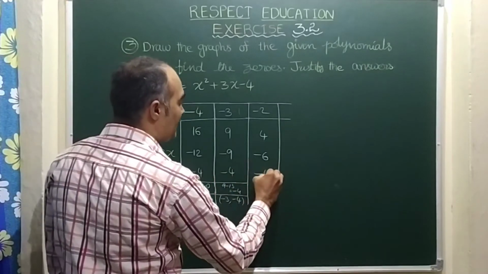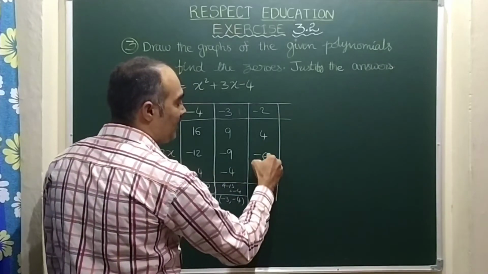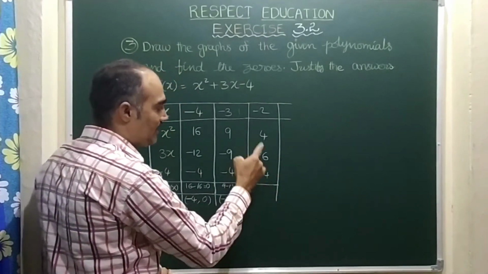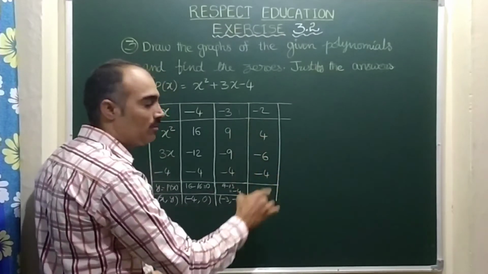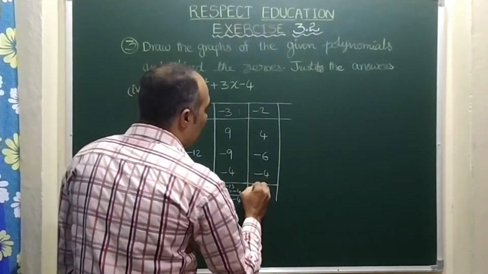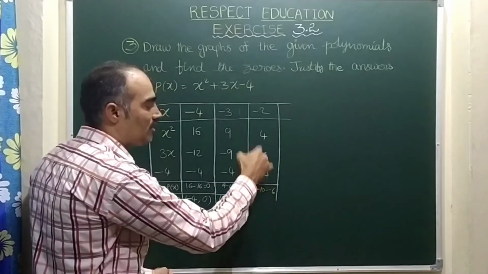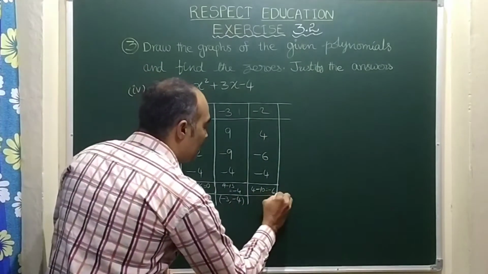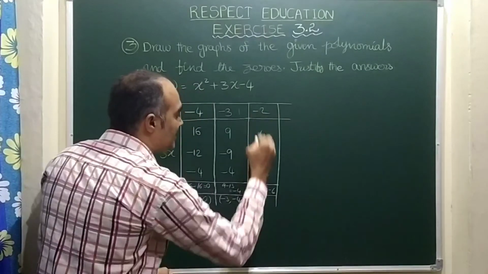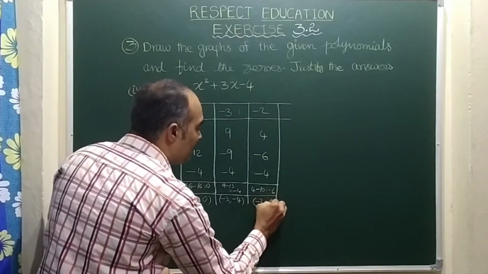Minus 4 constant as it is. This is 4 minus 6 minus 4 is minus 10, or else you cancel 4 and minus 4, no problem. So it is finally 4 minus 10 is minus 6. If you cancel plus 4 minus 4 also you get minus 6 only. So here corresponding x comma y is, x is minus 2, y is minus 6.